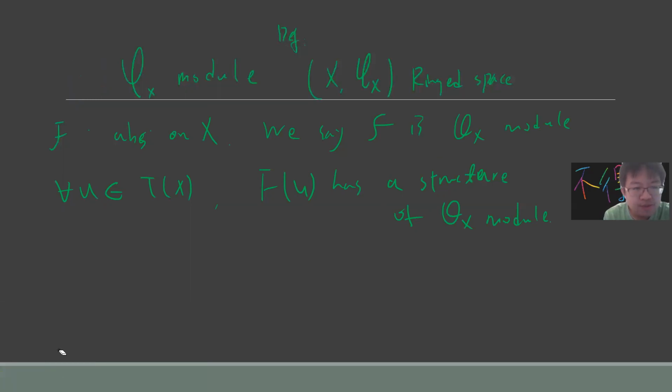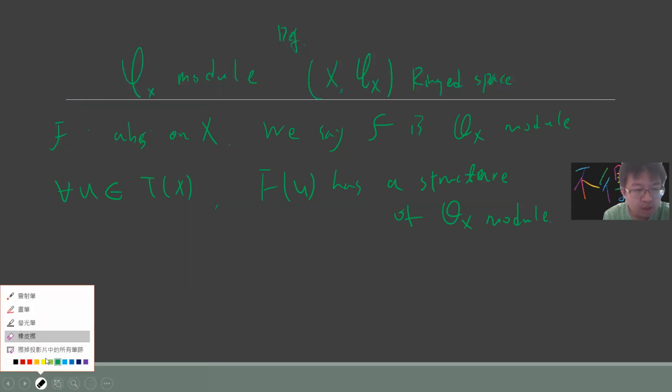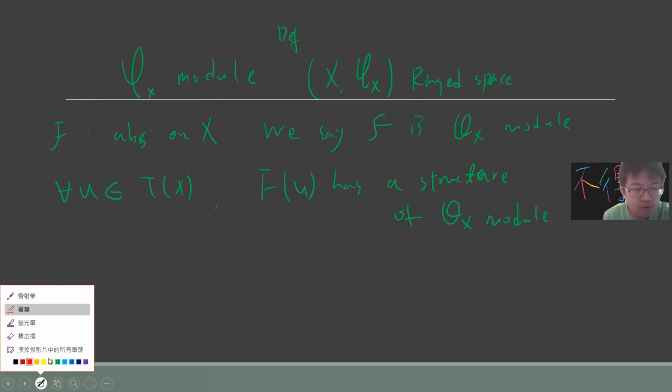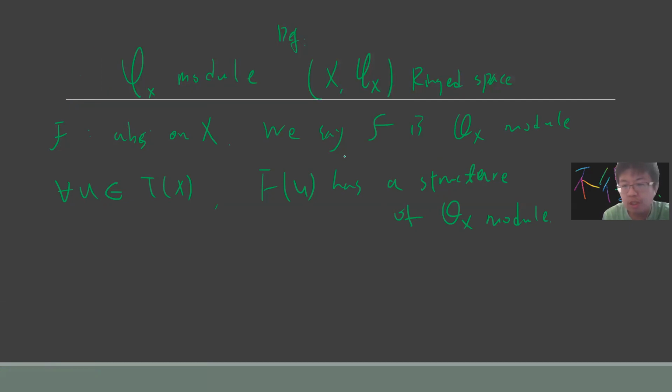But the basic idea is that the definition of module is very obvious, right? Given an abelian group, if a ring can act on the abelian group, then you can define a module. So each F(U) has the structure of an O_X(U)-module, and this is not enough, right? We need some compatibility equations. For example, let V be a subset of U, so you have a restriction map.